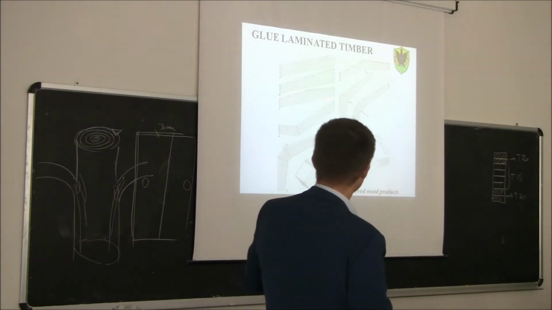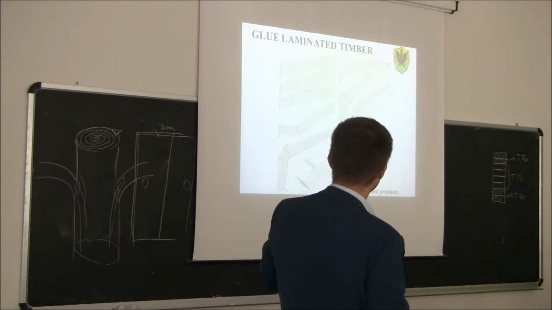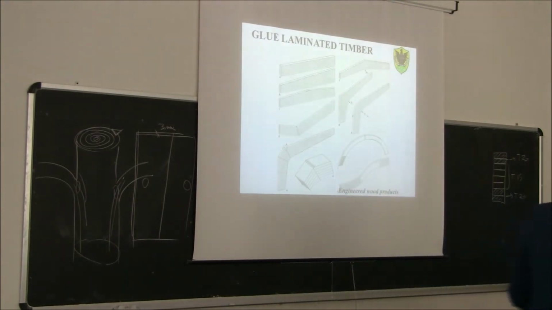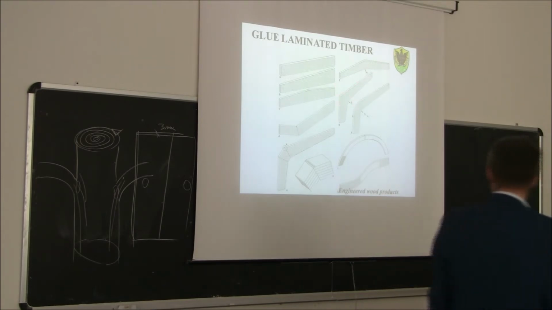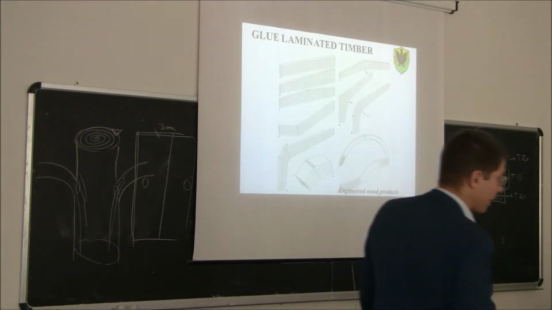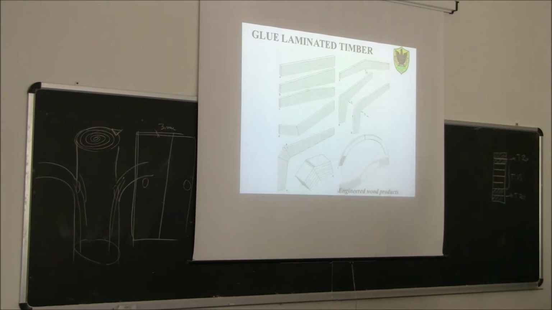This is a double tapered beam, and you can see here also pieces of arch. So basically this is a portal frame. Half of the portal frame can be done this way in order to avoid the joint here, and also glued curved members. Curved members, of course, are more expensive than straight members. So if you need to do curved members, very nice, very lovely, but just remember it costs a little bit more.